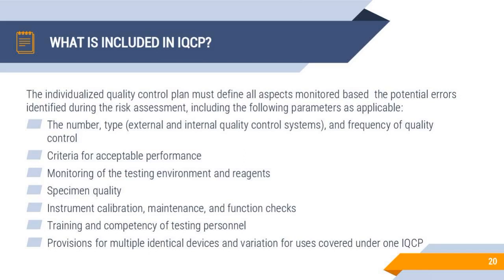Instrument calibration and maintenance records have to be checked. Training staff, of course, they have to be well trained and competent to do their daily work, and provisions for multiple identical devices and variation for use are covered under the IQCP. If I have multiple devices doing the same analytes, we have to measure the variations between them.